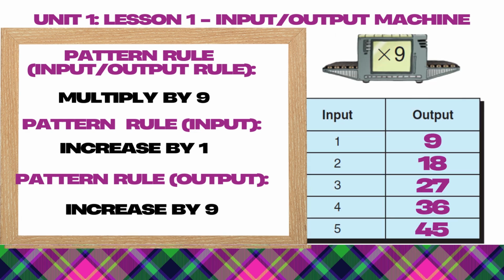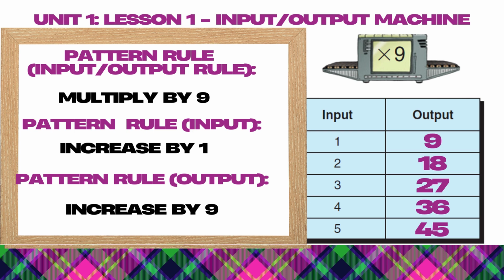Here's another example. In this one, the pattern rule that relates the input to the output is to multiply by 9. There's only one operation in this case. For the pattern rule, just looking at the input, it is to start at the number 1 and increase by 1 each time.